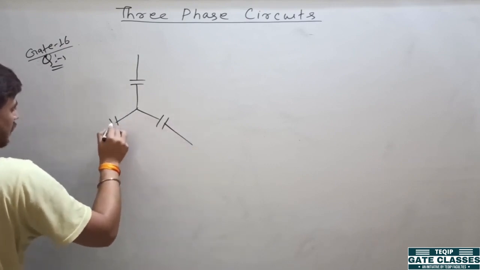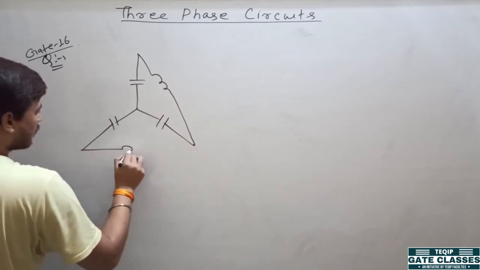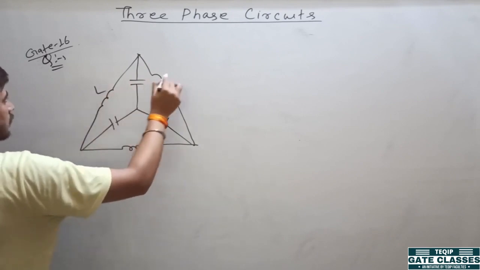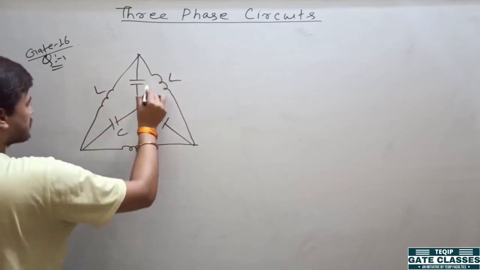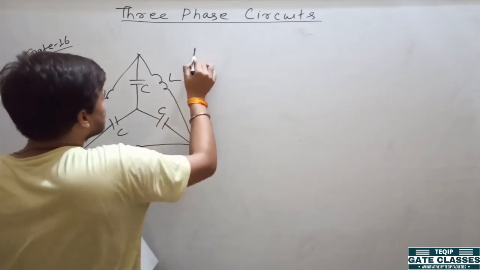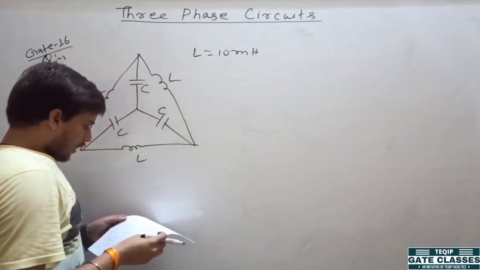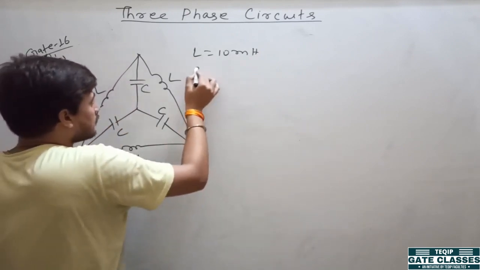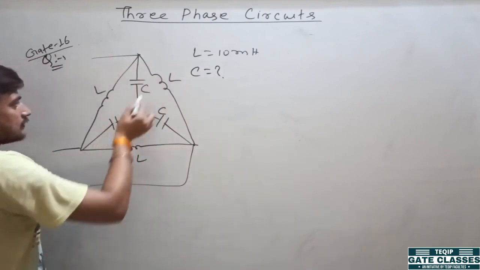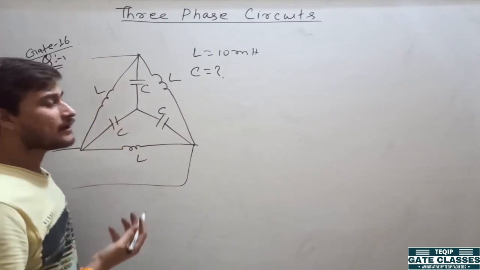Capacitors are connected in star and inductors are connected in delta. They are saying that L is equal to 10 millihenry. This is the balanced load. Now you have to find the value of C for which all the line currents will be equal to 0.